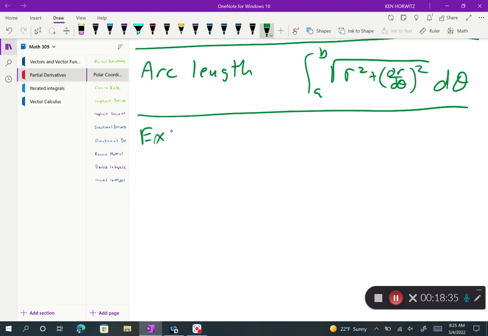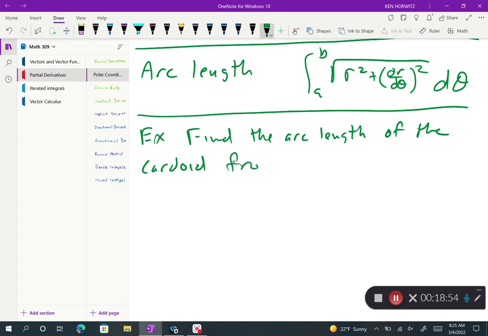Let's try. Find the arc length of the cardioid from 0 to 2 pi, and it's r equals 2 minus 2 cosine theta.